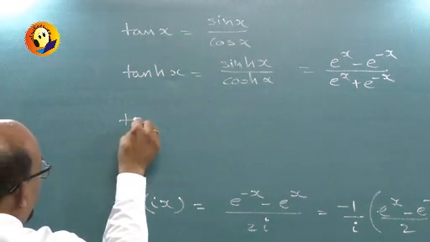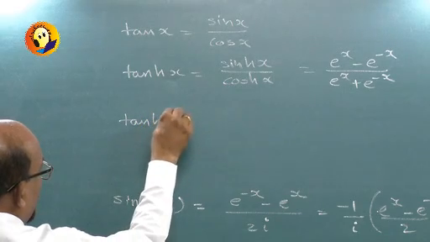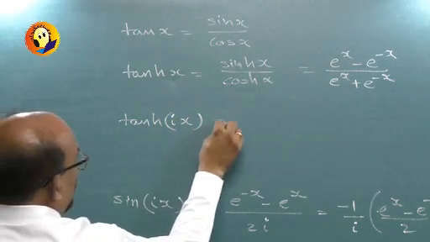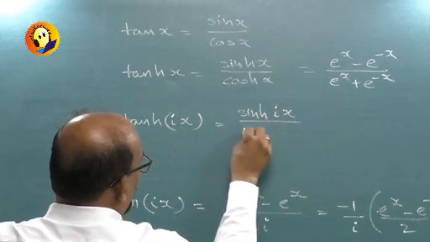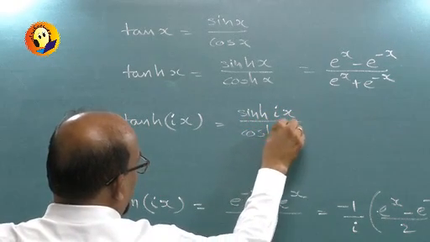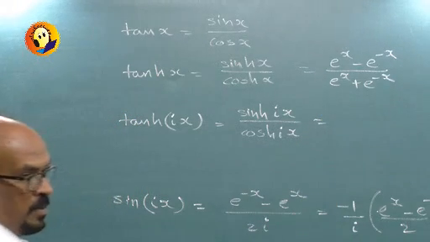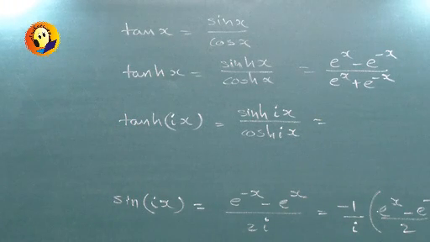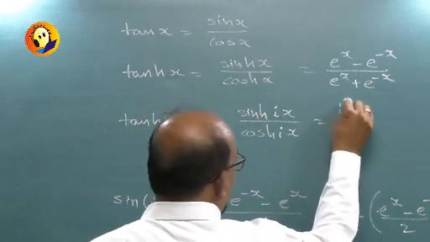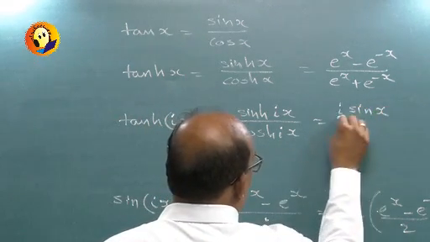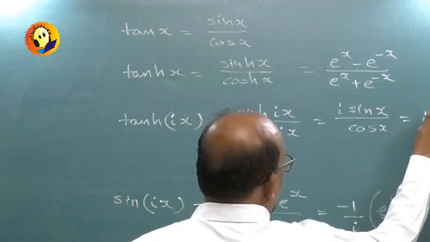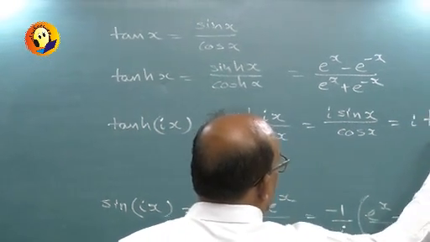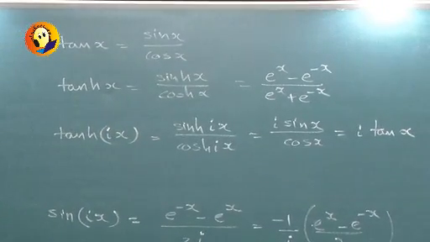So what will be tan ix? It will be sin ix upon cos ix. What is sin ix? i sin x. So it is i sin x upon cos x. Answer is i tan x. Tan ix is i tan x.